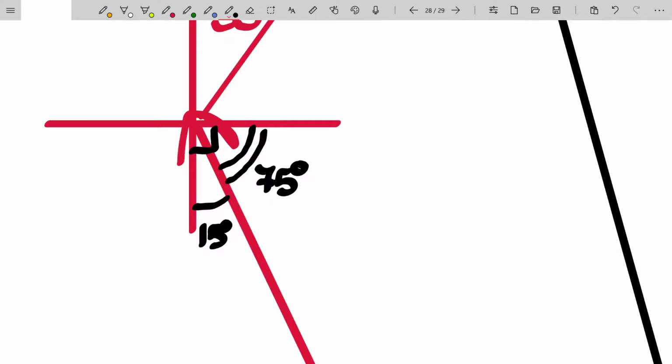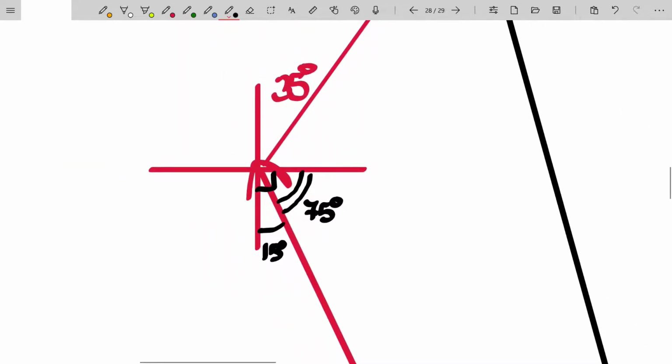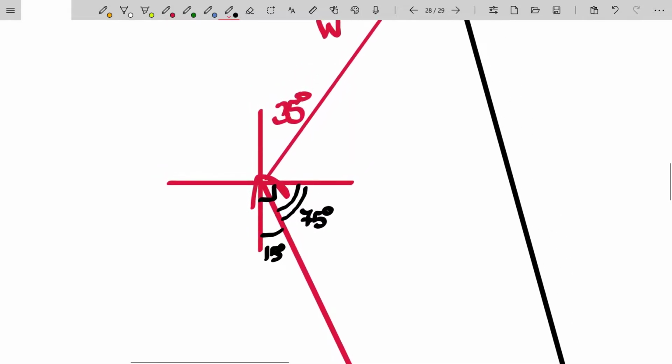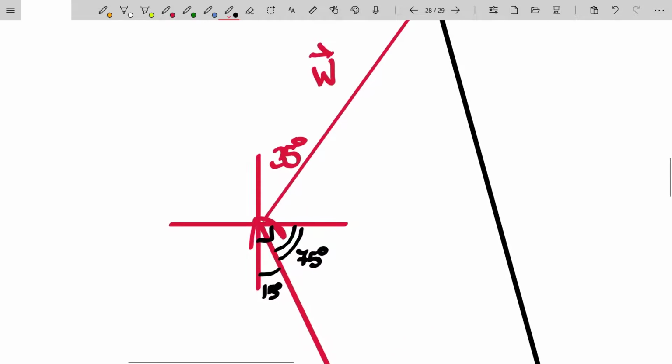Oh, I must have measured that angle incorrectly before. Sorry about that. Anyhow, we know that this is 35 degrees here. And because this is a right angle, 90 minus 35 is 55 degrees.